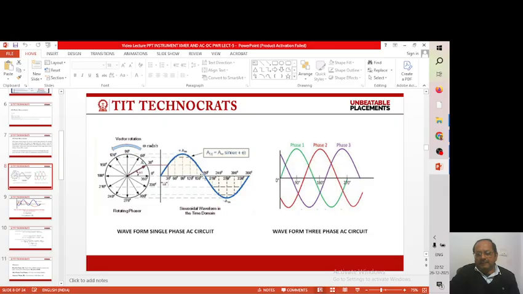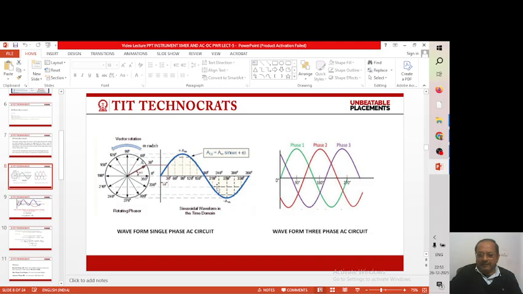Here is the cycle, one cycle is completed in 360 degrees, whereas in a three phase circuit the angle between two phases is 120 degrees, because there are three phases, phase 1, phase 2 and phase 3, and the angle between any two phases is 120 degrees.